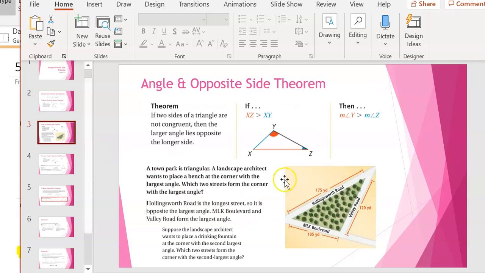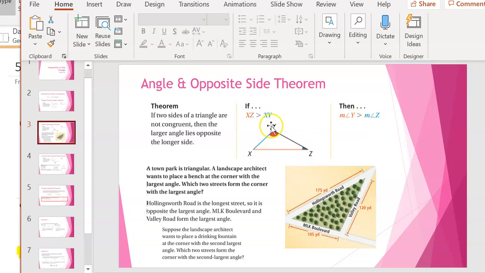And then we're going to look into this next thing that you'll need for your entire academic career, is to realize how an angle is related to its opposite side. So if we look at this angle y, its opposite side is xz. And so if we were to compare angles and say that this angle y and this angle z, if y is greater than that, then we can also say this about the sides.